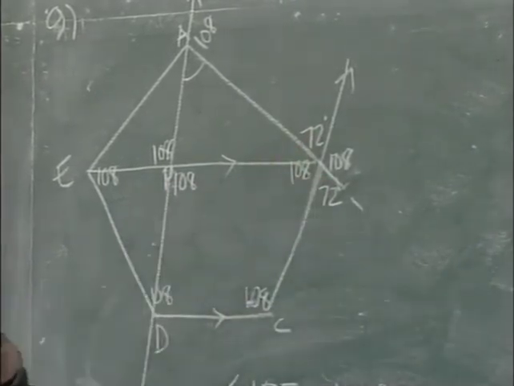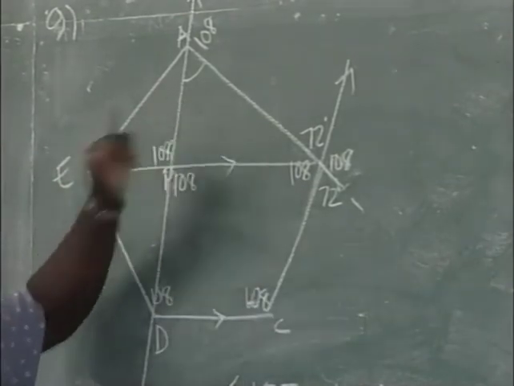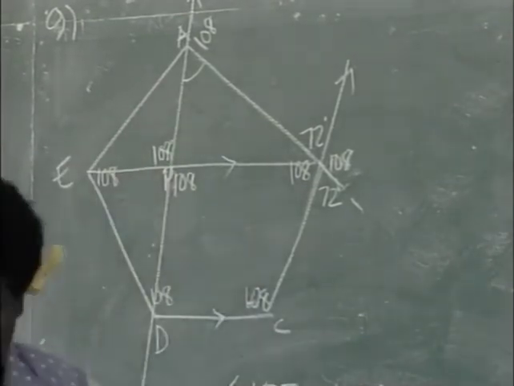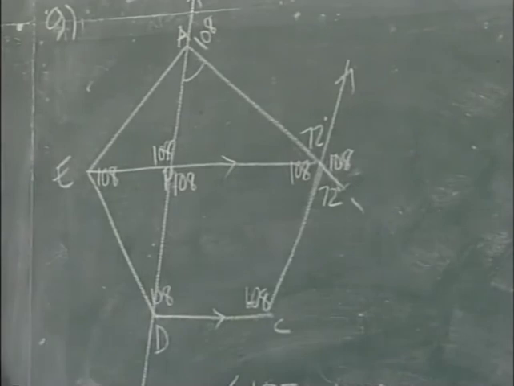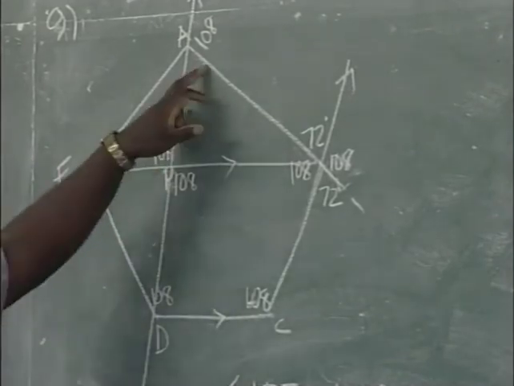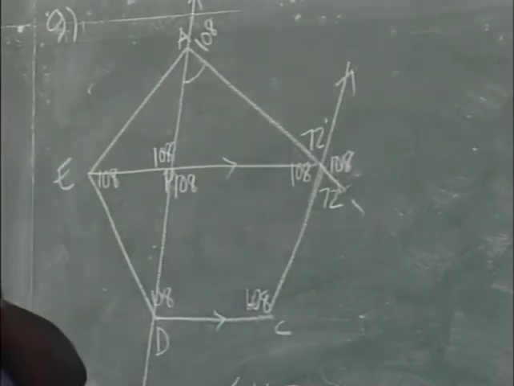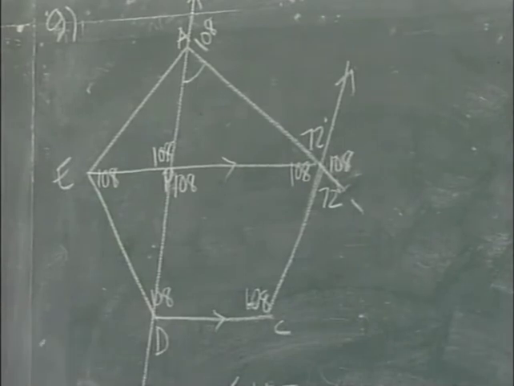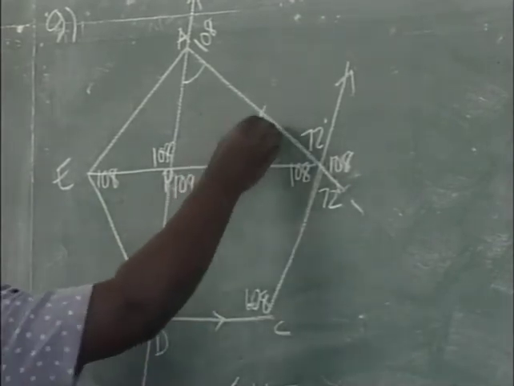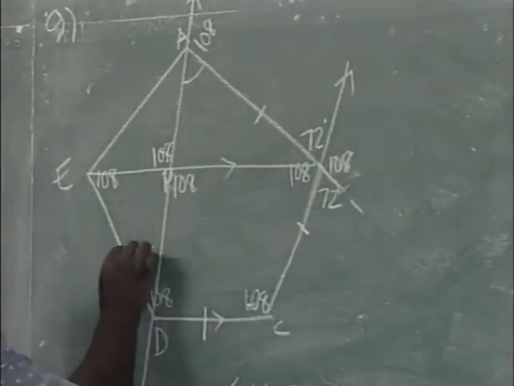Okay, if you didn't work out that these two lines are parallel, you can actually do the question just by knowing that the inside angles are 108 degrees, because in a regular polygon, we know that all the lengths are equal.